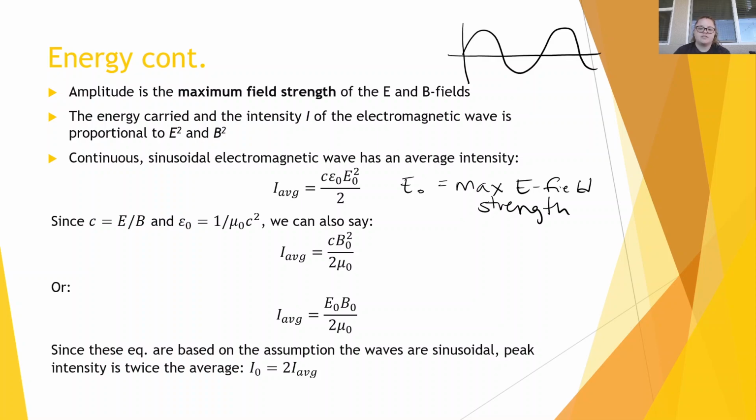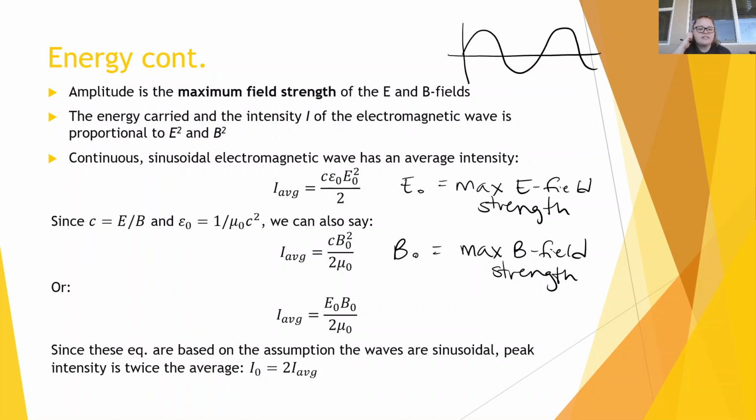So the average intensity is equal to c B naught squared divided by 2 mu naught. We can also write this as a combination of the two, which is E naught B naught divided by 2 mu naught. That B naught is our max B field strength.